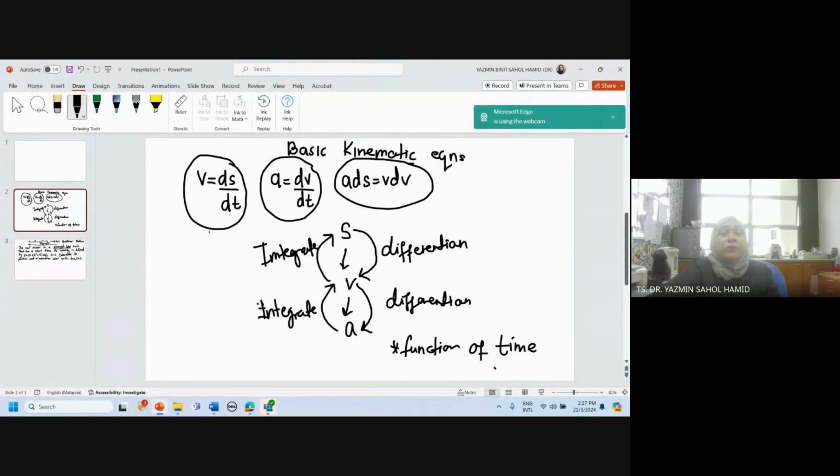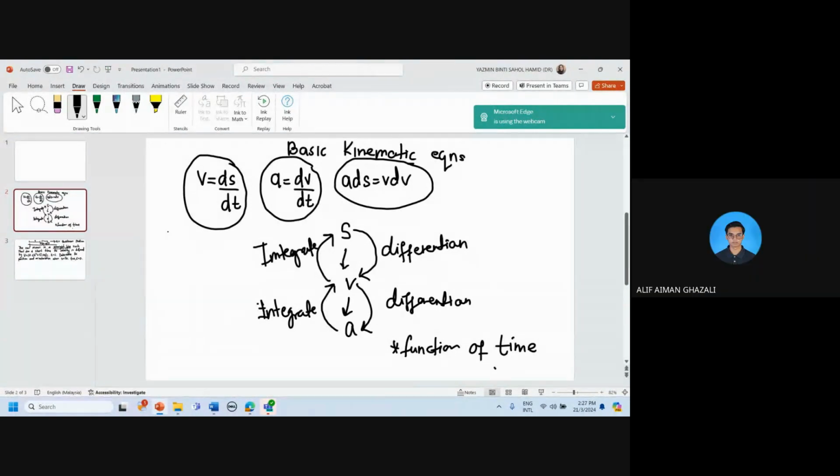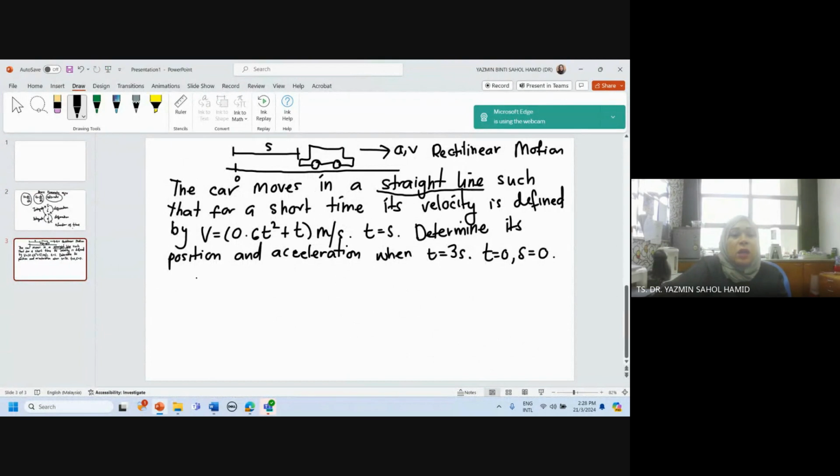Which one has the velocity, displacement and time? v equals ds over dt. Yes. So first of all, you have to write that equation down: v equals to ds over dt.